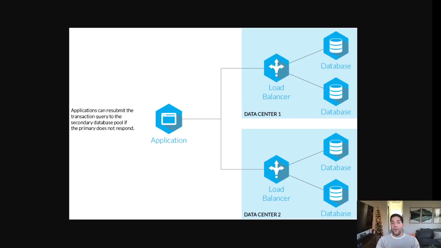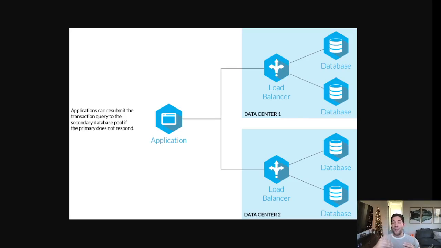In this example, we have an application pointing to two data centers, and each data center has an identical configuration of the back end. Maybe a plurality of our users go to data center 1, and data center 2 is just on standby.